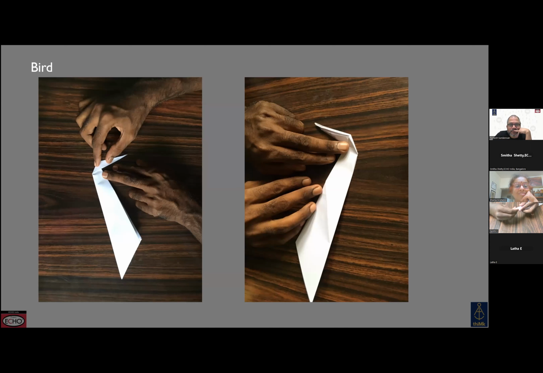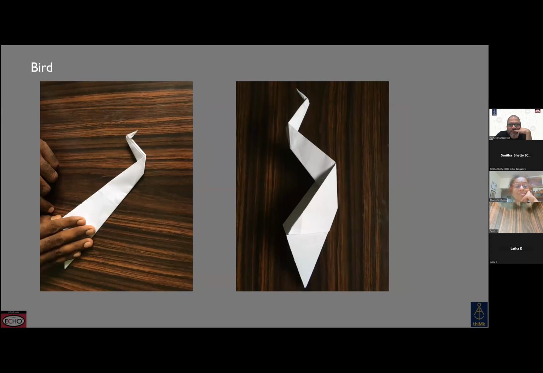So once we do this, then you go to this fold and do this one. Do this fold. And however you want to see, wherever it's sitting and however it's facing, it could be any way it can be.